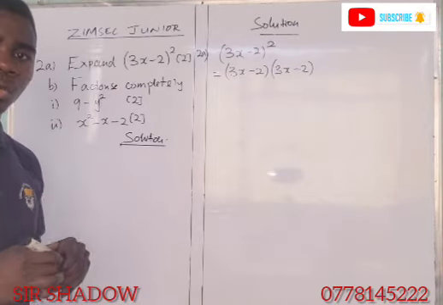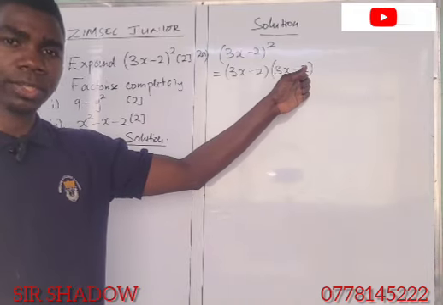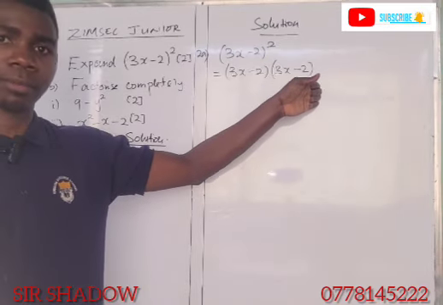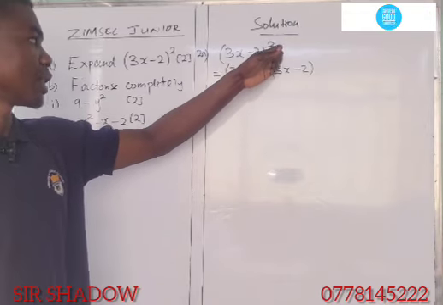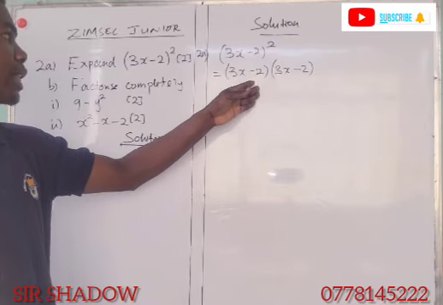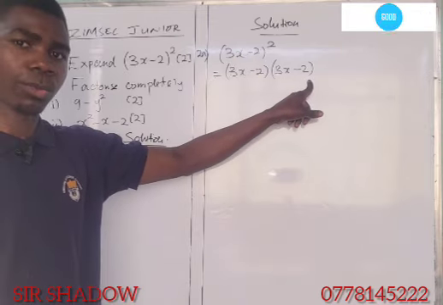Since it was repeated twice, we have to break it down like this so that we can expand it further. We just repeat 3x minus 2 twice: 3x minus 2 times 3x minus 2, right?